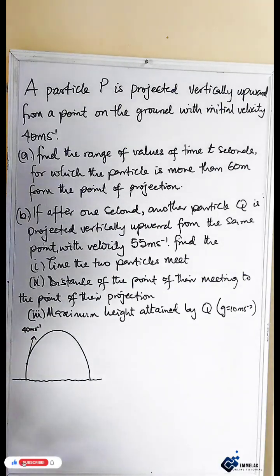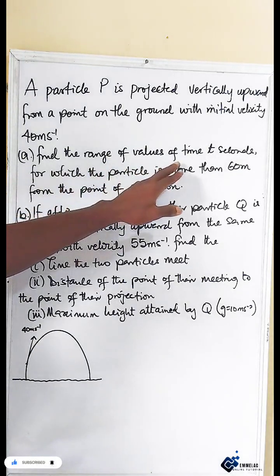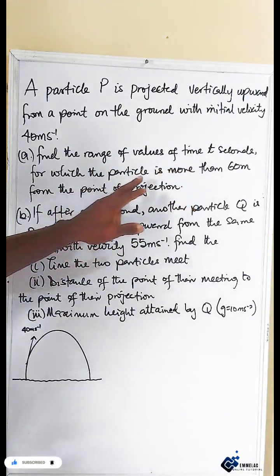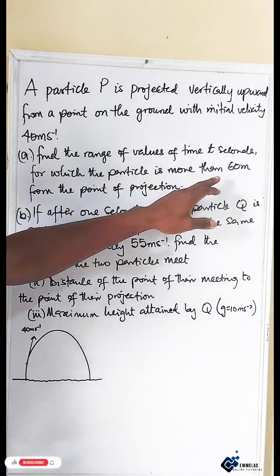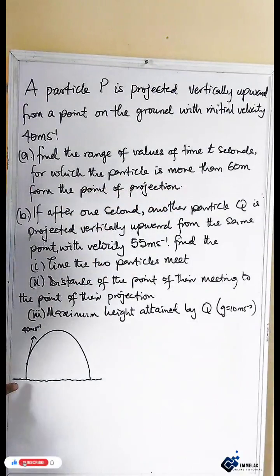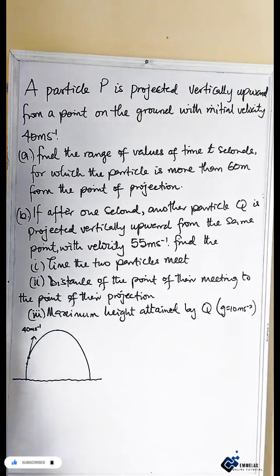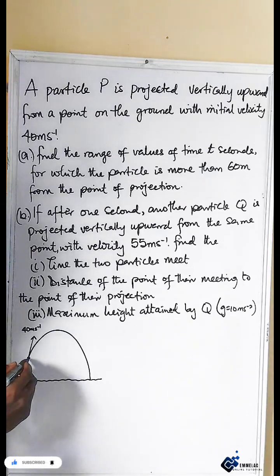We are to find the range of values of time t seconds for which the particle is more than 60 meters from the ground. Let us assume that after projection, at this point is our 60 meters from the ground.